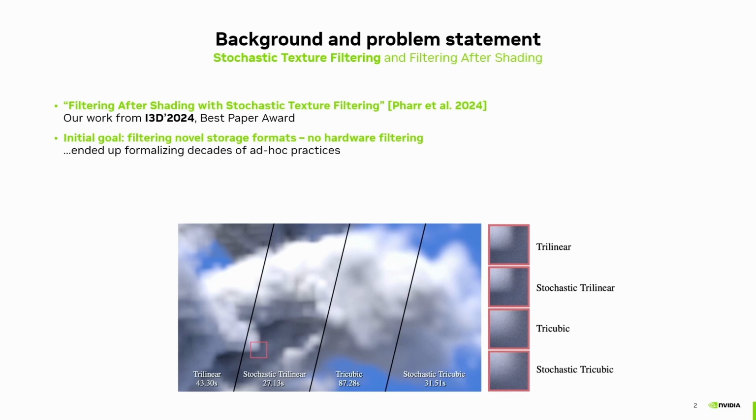This paper started with a simple goal. We were working before on neural texture compression, and we couldn't afford to fetch multiple samples from this representation. For example, for trilinear filtering, running the neural network 8 times would be prohibitively costly. At the same time, obviously, hardware doesn't support those experimental research novel representations.